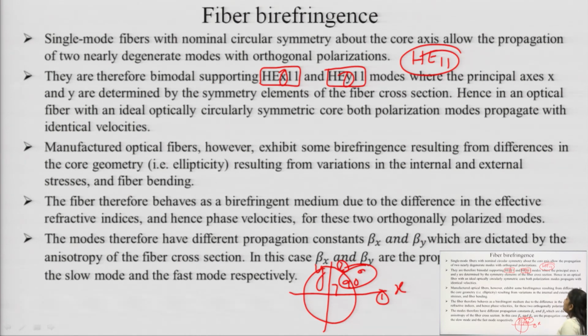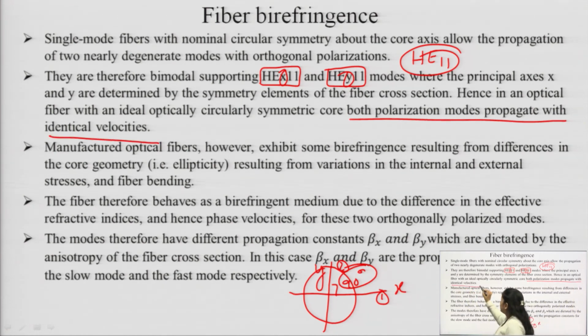Hence, in an optical fiber with an ideal circular symmetry core, both polarization modes propagate with identical velocity. That is why they are called degenerate modes, because they have similar properties. Both of these modes travel with the same velocity.